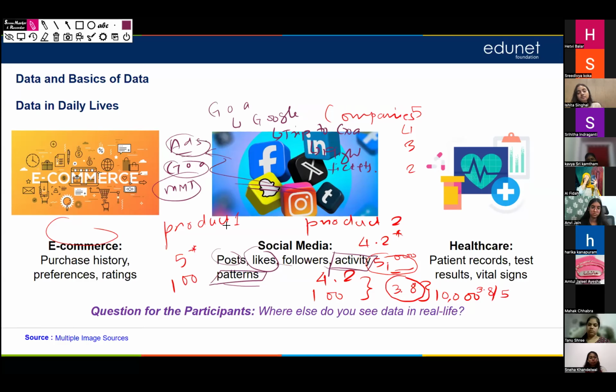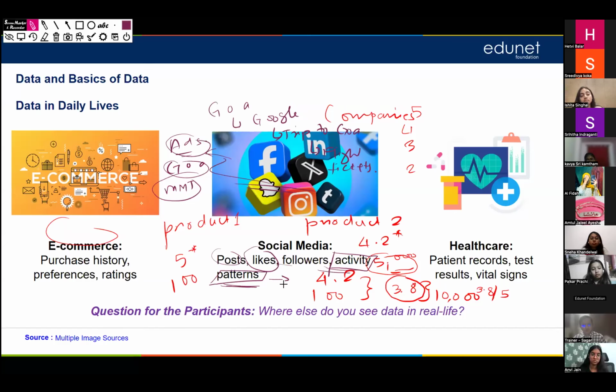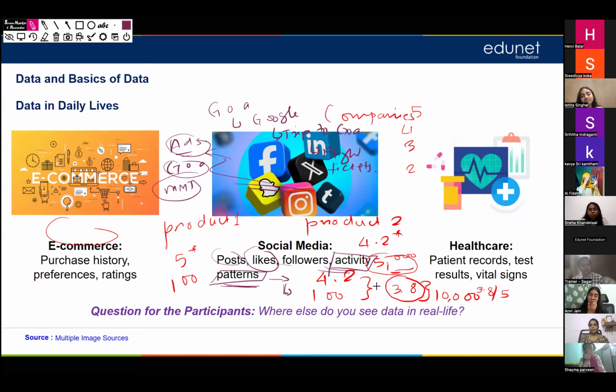Why do you think it happens? Because the company now has access to your activity pattern, and that is what is taking you to the application. Everything you do on your phone is tracked, because we have all linked every account together, and we are on all the applications available.